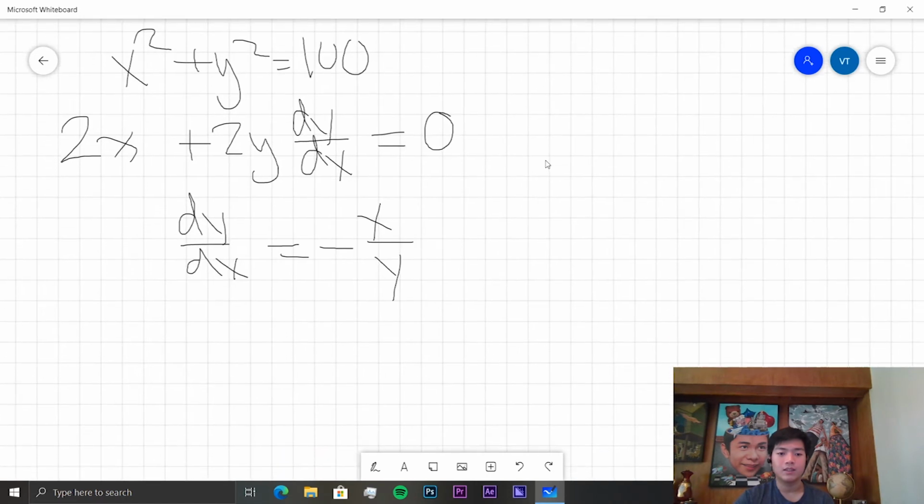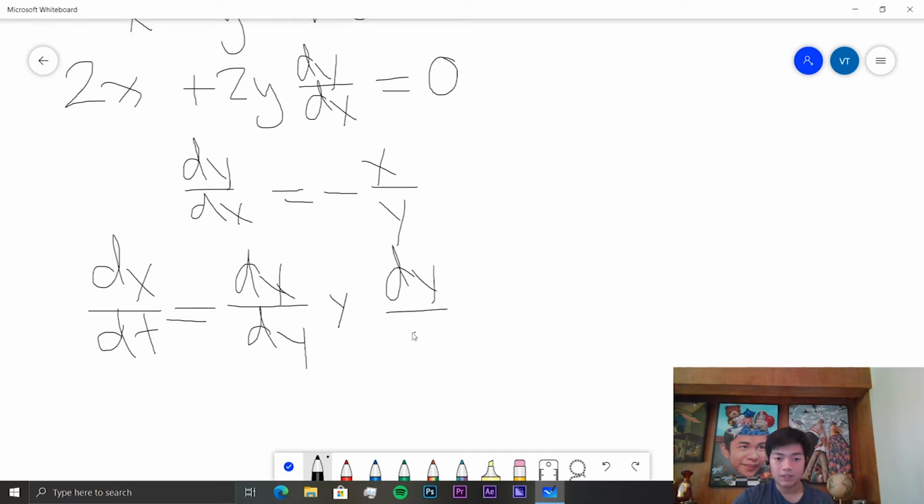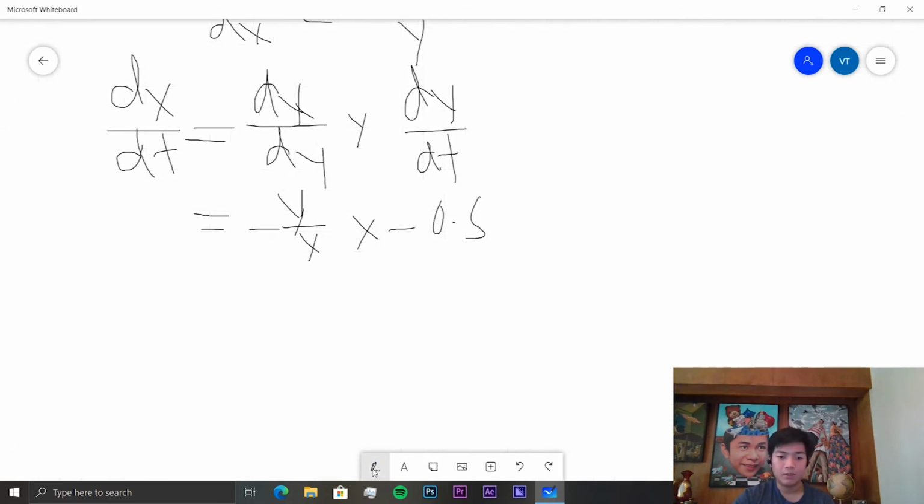Okay, so we need to get the rate dx over dt, and we know this is equal to dx over dy times dy over dt. So this is equal to negative y over x times negative 0.5. And so we should get y over 2x as the rate.